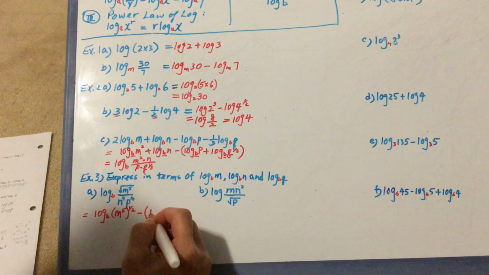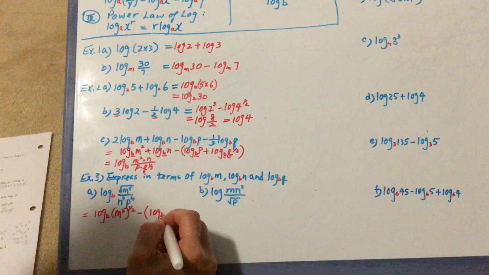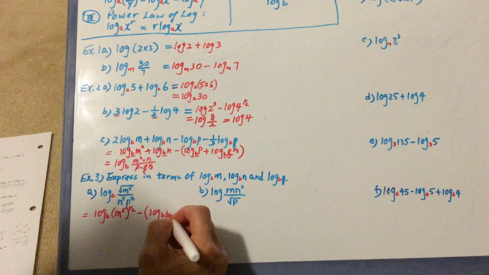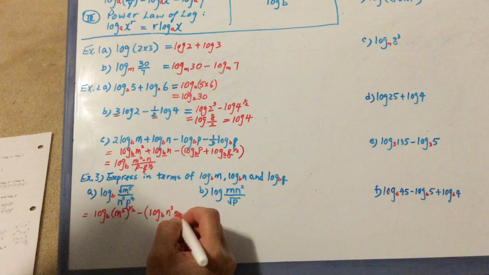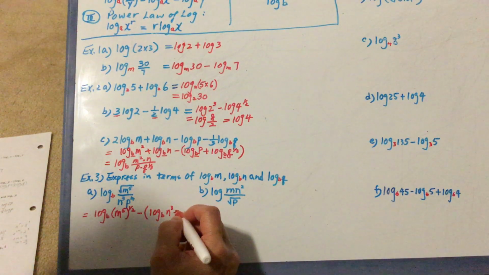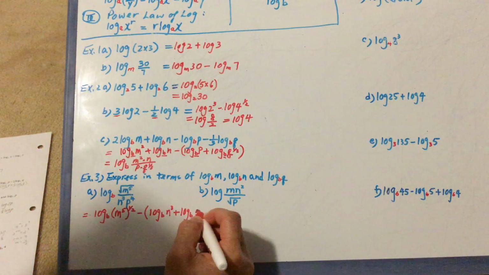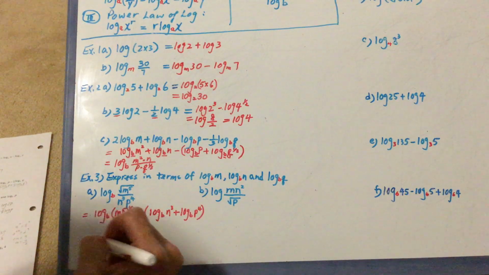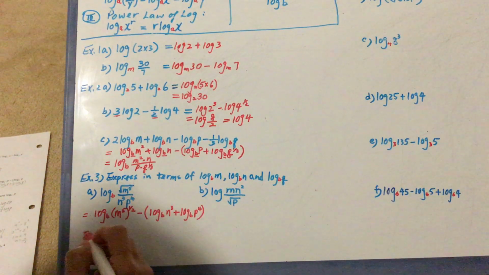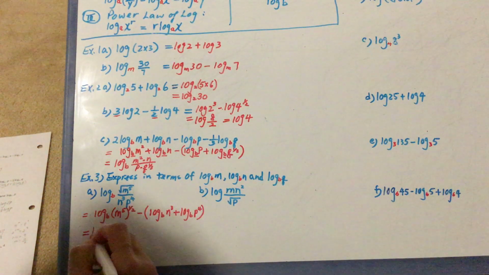You're going to have a log b of n to the power of 3 adding a log b of p to the power of 4, okay? And then you can remove the brackets later on.